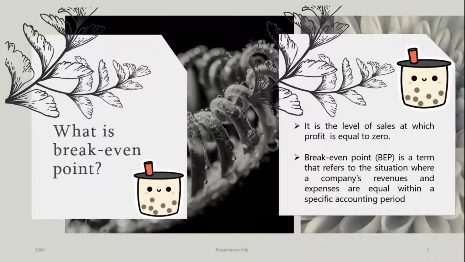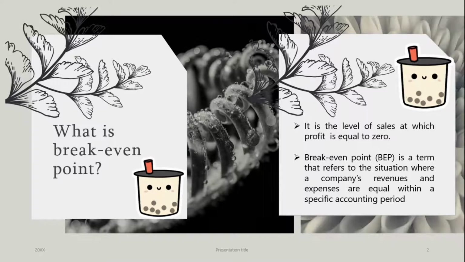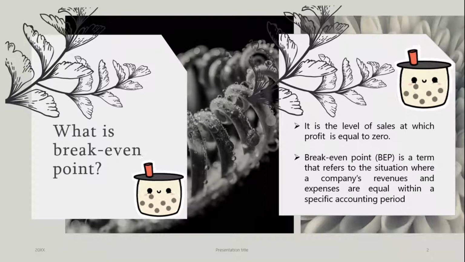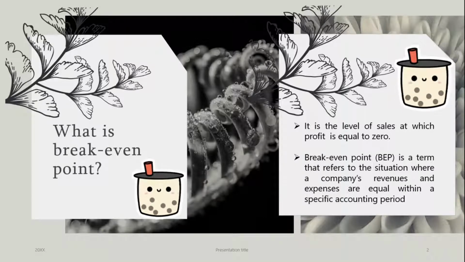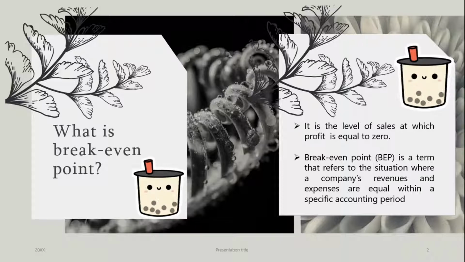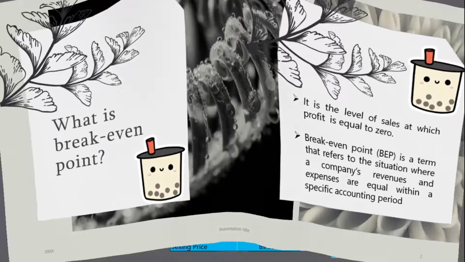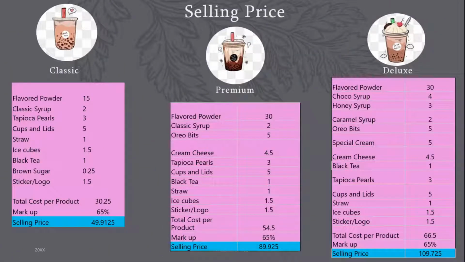Okay, now that we are acquainted with what is meant by break-even point, let us now move on to the selling prices of our very own mouth-watering products. As you can see, we have here a breakdown of our ingredients with each of its respective costs. These are all added together to get the cost of each product.